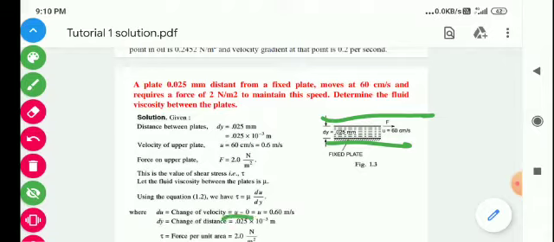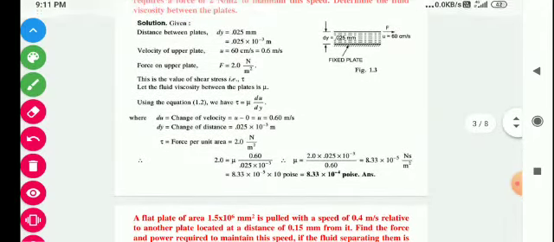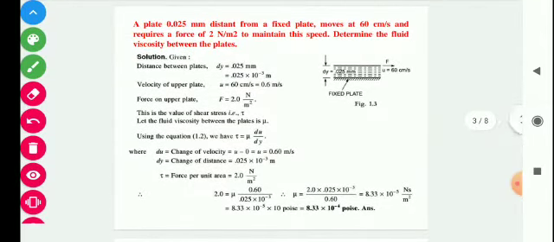And the distance dy is given as 0.025 into 10 to the power minus 3 meter. So put all these values in this formula. After putting all these values in this formula, you will finally get this answer.